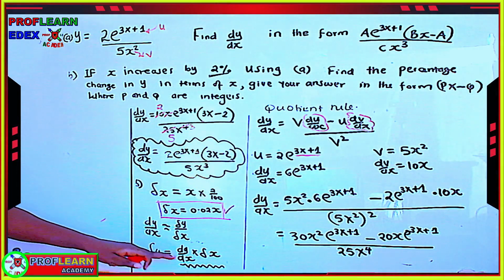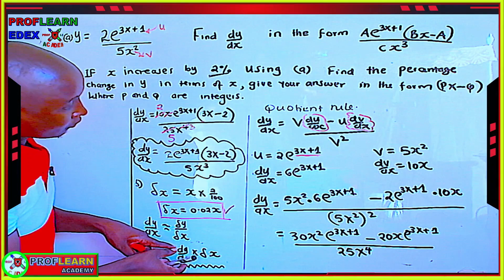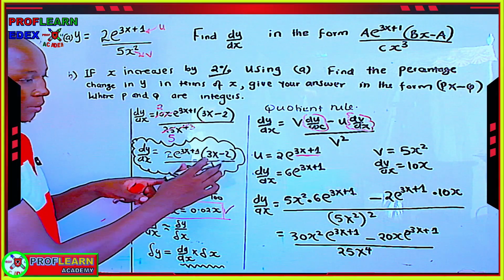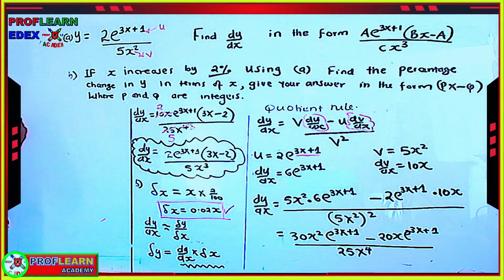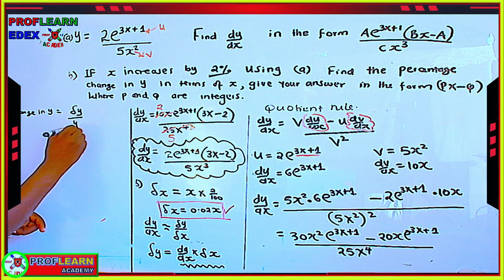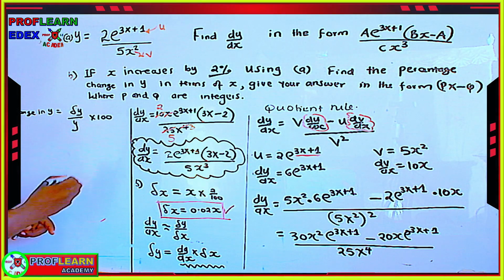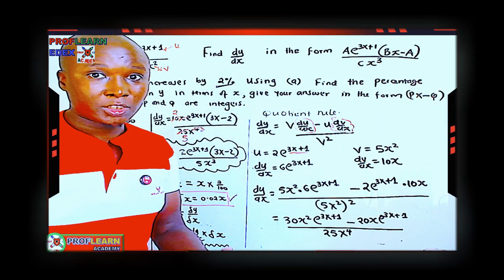Remember this change in y over change in x is whatever we have at this point. And we need also to agree that percentage change in y is going to be equal to small change in y over y times 100, because we are trying to work out the percentage change in y.